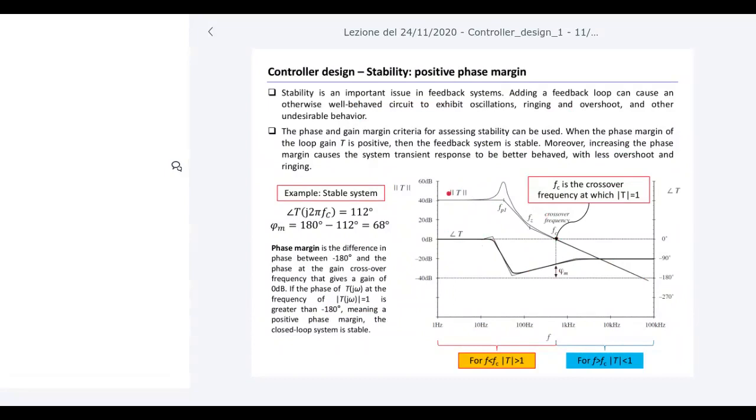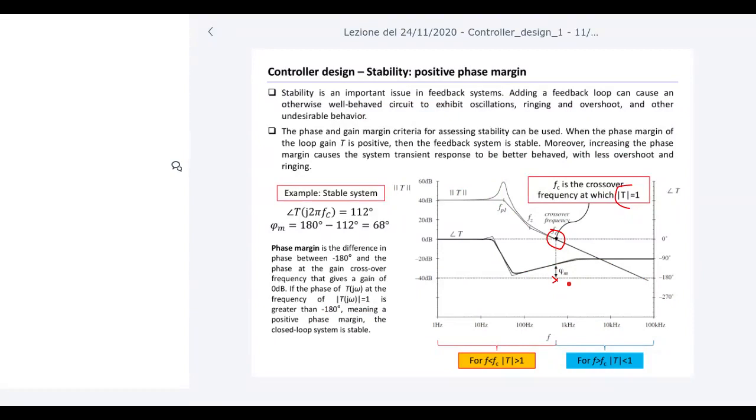At a certain point, there is a frequency in which the loop gain goes to 1 in magnitude. This is called the crossover frequency. You should look at what happens at this crossover frequency. So the gain is decreasing, and if at this frequency the phase of T is 180 degrees, for example, then you are sure that your system is unstable.